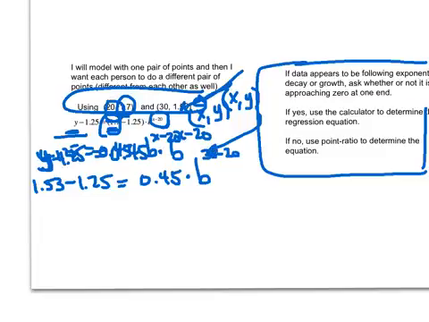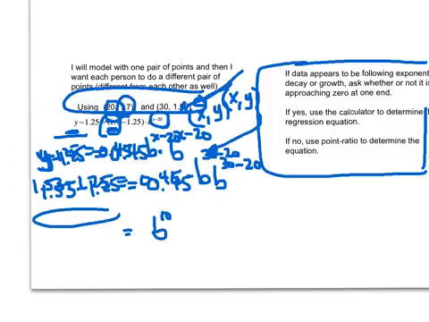So it takes two coordinates. I'm going to plug in the 1.53 for y and the 30 for x. I'm going to let you continue to do this. You're going to end up with b to the 10th is equal to this subtraction divided by 0.45.